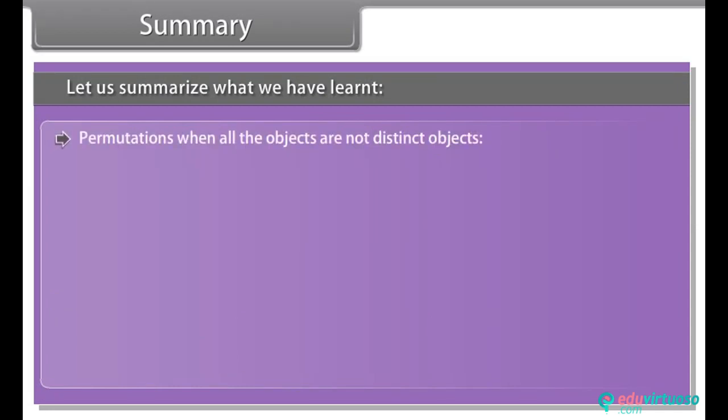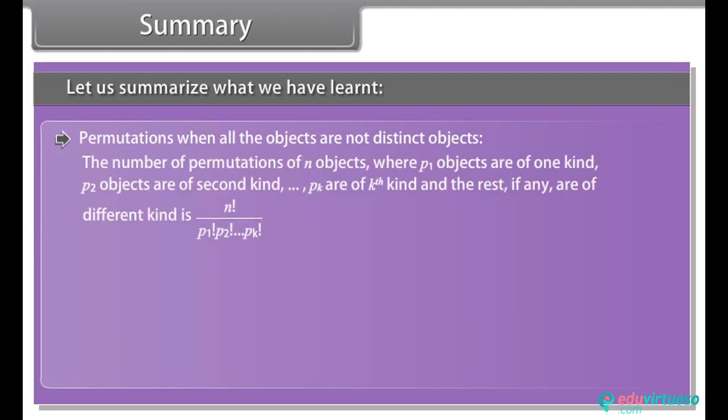Permutations when all the objects are not distinct: the number of permutations of n objects where p1 objects are of one kind, p2 objects are of second kind, pk are of the kth kind and the rest, if any, are of different kind is n factorial divided by p1 factorial into p2 factorial up to pk factorial.